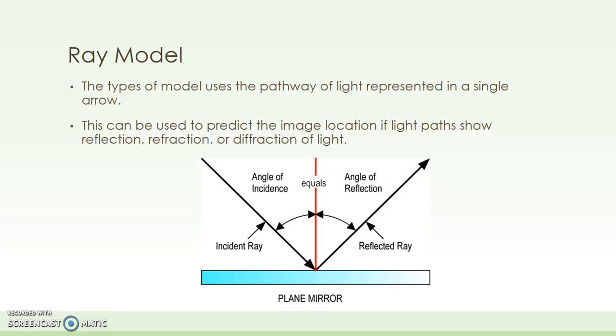This can be used to predict the image location of light. Paths show reflection, refraction, or diffraction of light. So our second lesson in this module is going to talk about how to calculate real versus virtual images using different types of mirrors. So we will be using the ray models to calculate those different images.